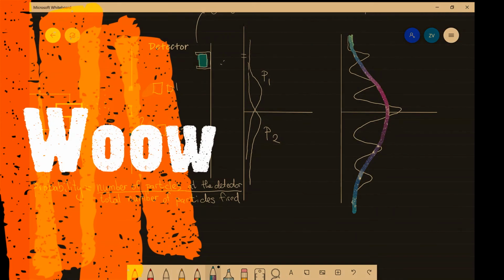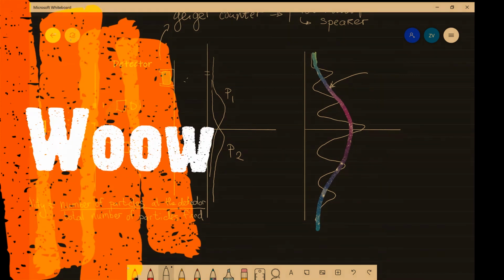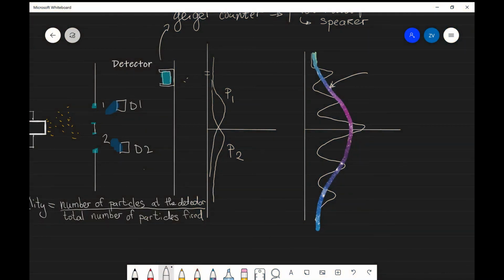So this starry curve over here is the total probability of finding an electron at a certain position when we are observing. This happens when we observe the slits, and this curve over here, the one in which interference occurs, is what we get when we don't observe the slits.